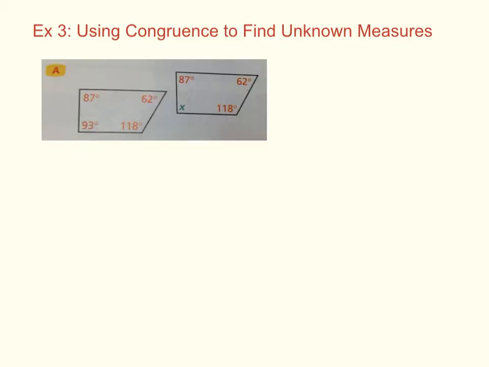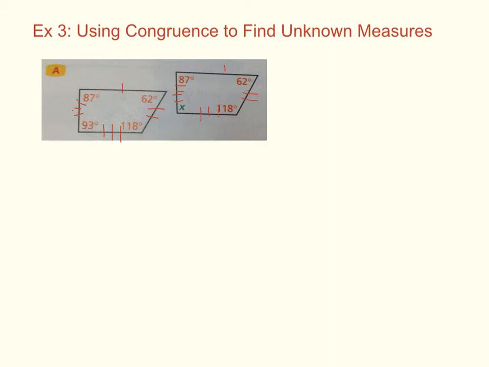Example 3 is using congruence to find unknown measures. The instructions for this are to determine the unknown measures in each set of congruent polygons. So they're telling us that these two shapes are congruent, so they have the same size and the same shape. So knowing that, we know that if the sides are the same, and we can tell this side is congruent to this side is congruent to this side is congruent to this side, and then our last side is also congruent, we also know that the angle measures are going to be the same.